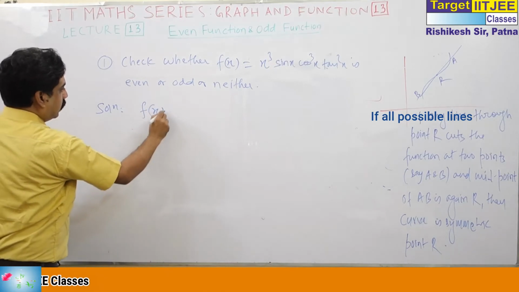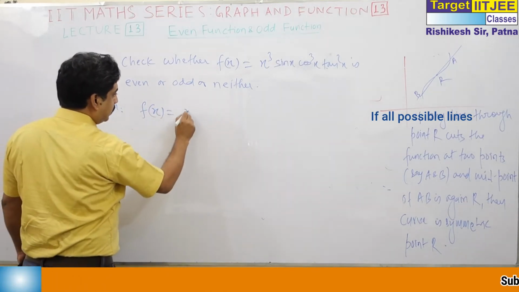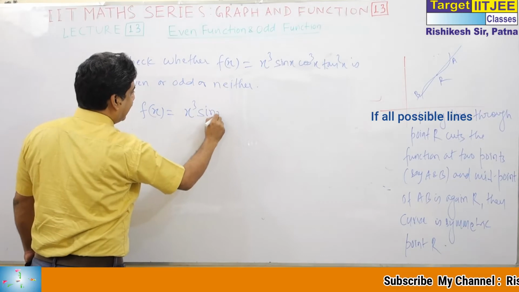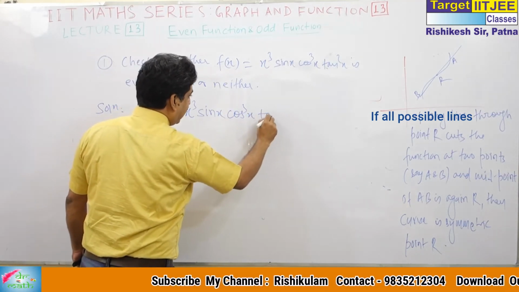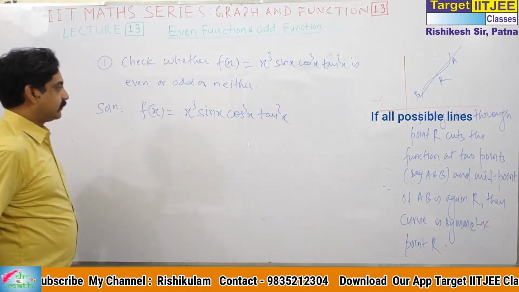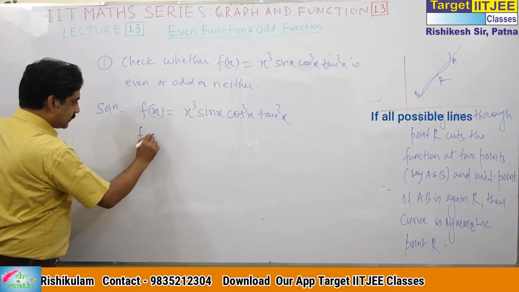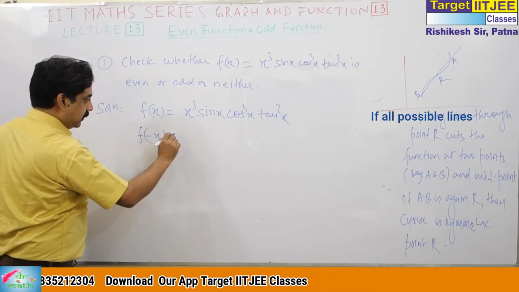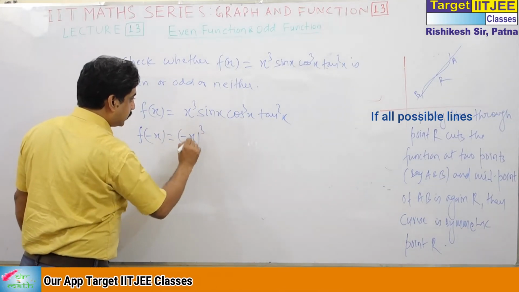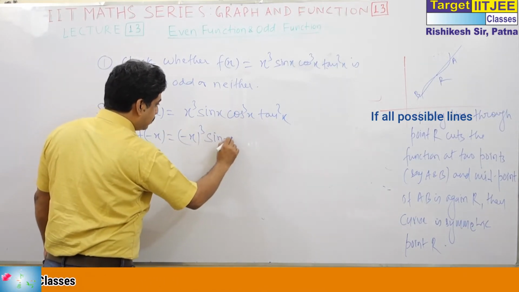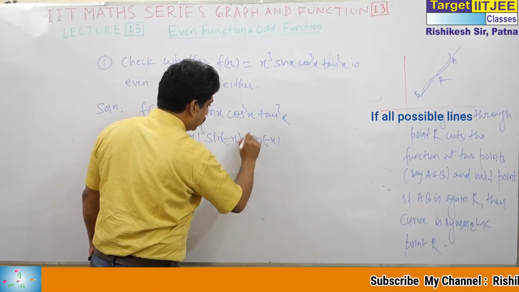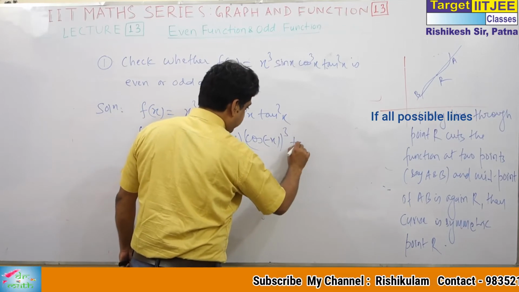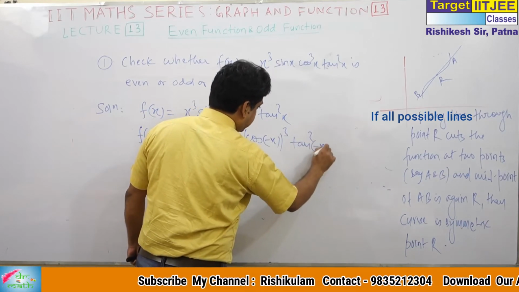Your f(x) is x cube sin x cos cube x tan square x. What is f(-x)? This is minus x cube, sin of minus x, cos cube of minus x, and tan square of minus x.